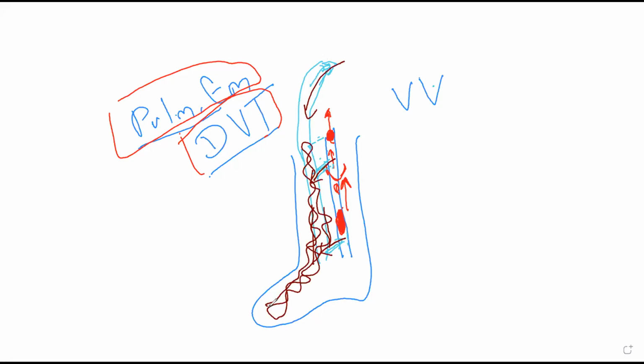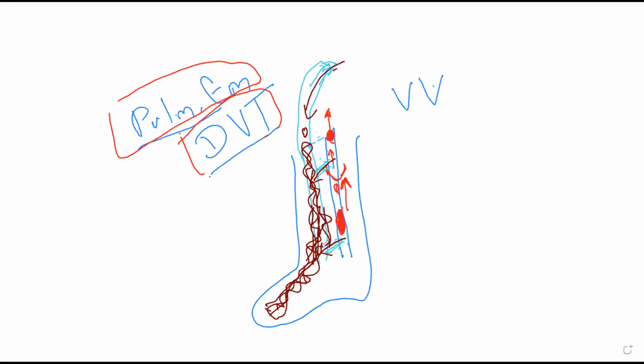I think you all have seen varicose veins, right? So the veins of the lower limbs are dilated like this. This usually does not cause emboli to enter into the deep system and travel to the lung and the heart.